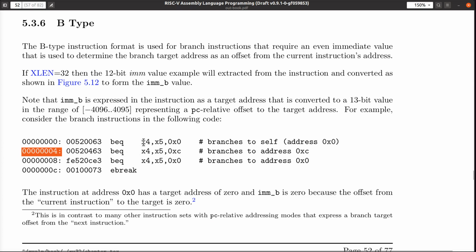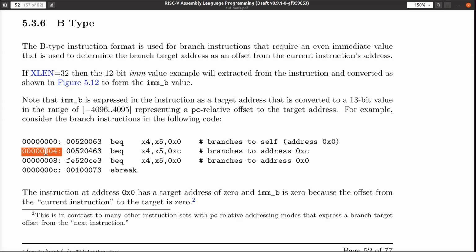So in this case, if it was another machine, what this would do if I wanted to branch to address 0 from an instruction at address 0, and if that instruction consumed 4 bytes, this IMMB value inside this instruction would be set to -4 because the program counter that is used in a calculation in those other processors would be this 4.